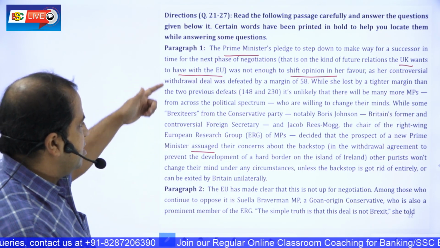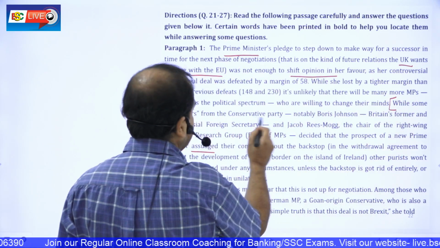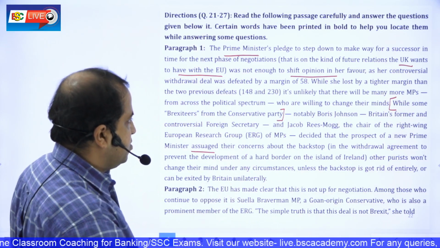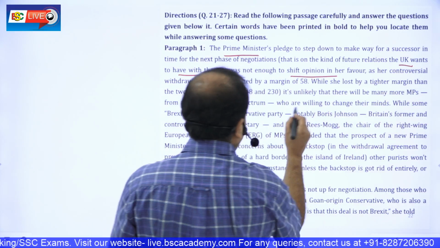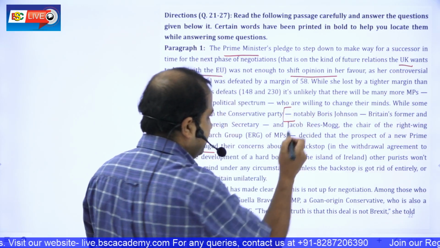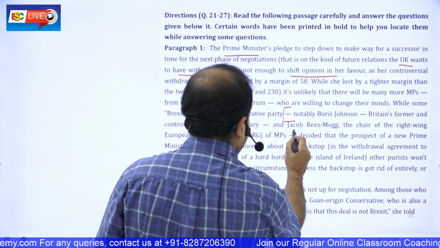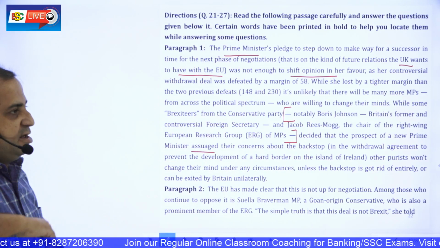So while, now this is a big sentence, if we break it down a little it will make the work easier. While some Brexiteers from the Conservative Party, and the rest you leave in brackets, rather I'll put the bracket like this. While some Brexiteers from the Conservative Party, put all of this in brackets. And now the sentence becomes quite clear.